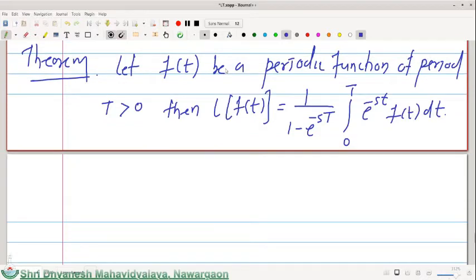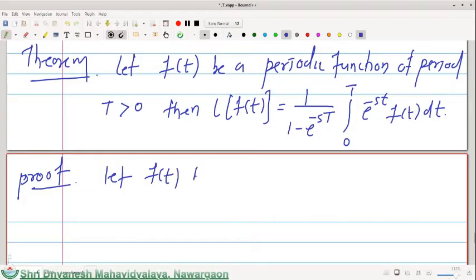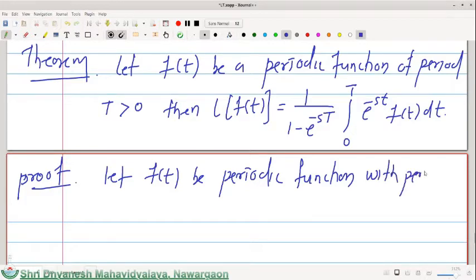So let us see the proof. We start from the given. Let f of t be a periodic function with period T greater than 0.